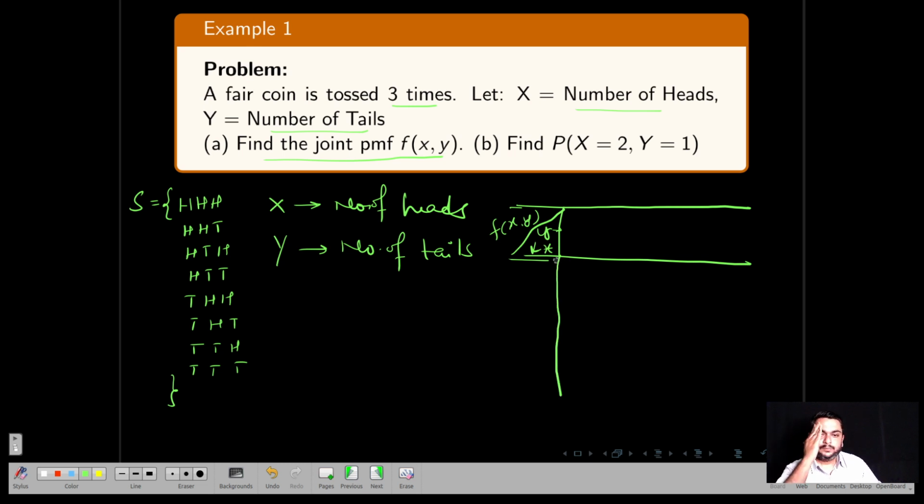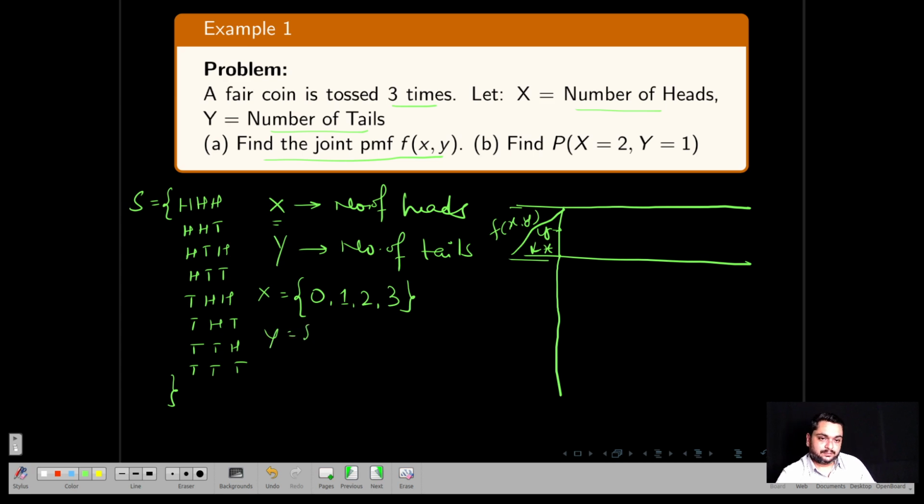Now, if you observe here, what are the values x can take? X can take 0, it is 0 heads, 1 head, 2 heads, 3 heads, right? So 3 heads are possible, 0 to 3.